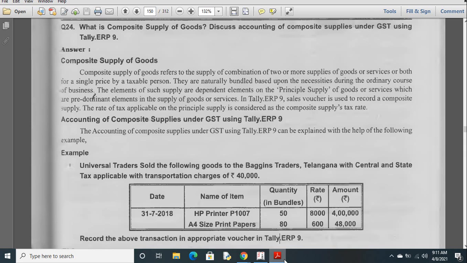Sir, sales voucher we have to create, sir. Okay. What are the ledgers we have to create? Bag-in Traders. Okay, so you said sales voucher.